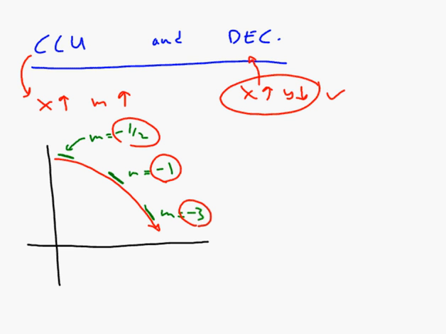So this graph is decreasing and concave down. That eliminates a possibility. And why is that? Because as x goes up, y goes down. That takes care of the decreasing part. As x goes up, the slope goes down. That takes care of the concave down part.